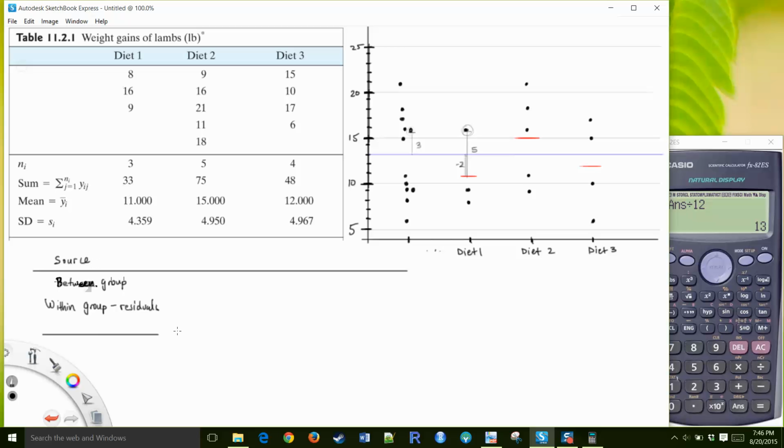The total sum of squares, if we looked at everything, would be each data point, y sub i, and we would take its distance from the grand mean, square that, and add them all up.